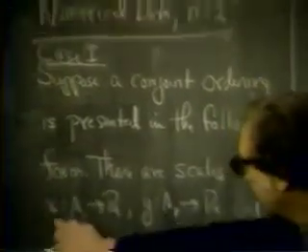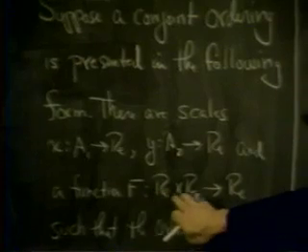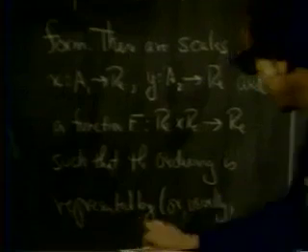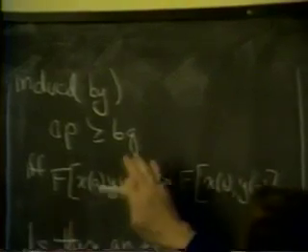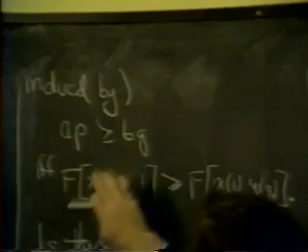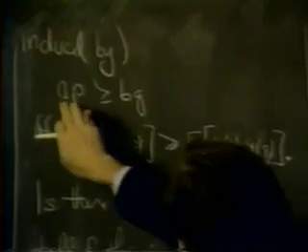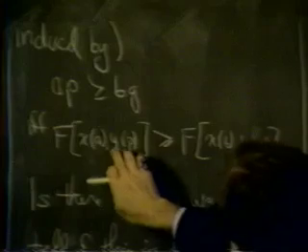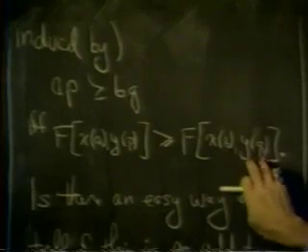There are scales X from the first component into the reals, Y from the second component into the reals, and a function F, capital F, that maps the reals, or really subsets of the reals, into the reals, such that the ordering in the conjoint case is represented by, or usually induced by, F. In practice you don't have the ordering given independently of its induction through this numerical function F. But in any event, you can think of it as an ordering, holding if and only if, let me just restate it: AP is greater than or equal to BQ provided F of the numerical measure associated with A and the numerical measure associated with P is greater than or equal to F applied to the numerical measure associated with B and that associated with Q.